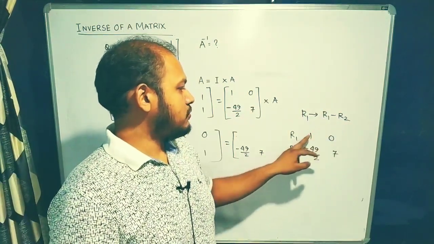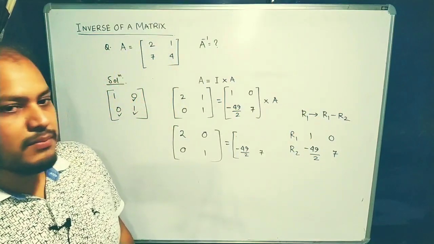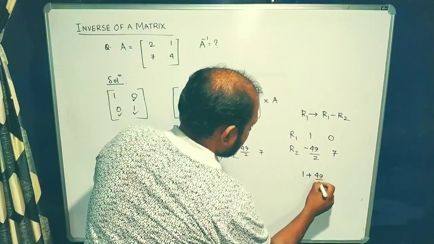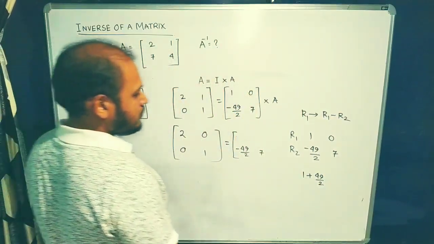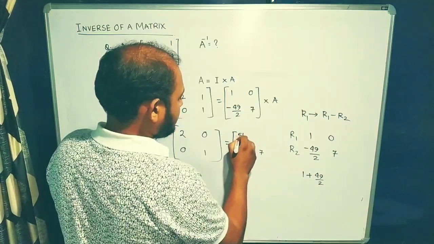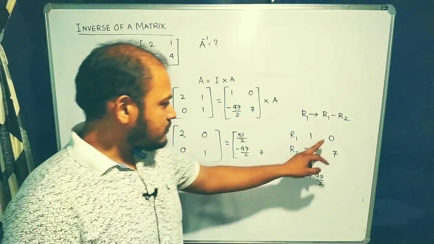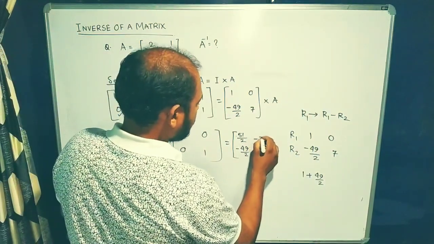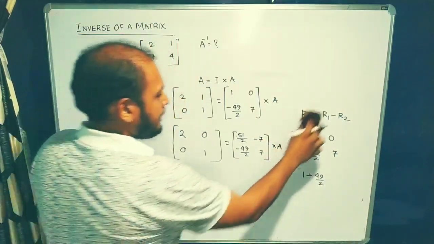So R1 minus R2 in this position is 1 minus minus of 49 by 2, that is 1 plus 49 by 2, and if you simplify it, it is 51 by 2. 51 by 2 at this position. And then 0 minus 7 is minus 7.